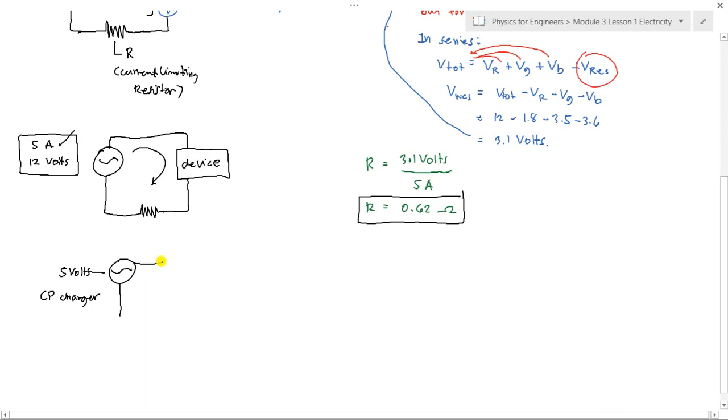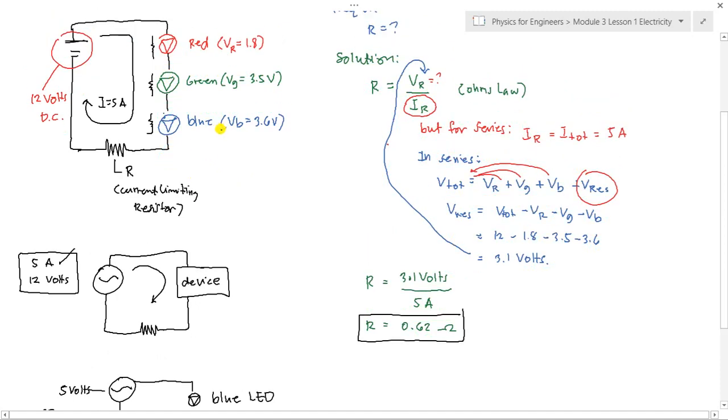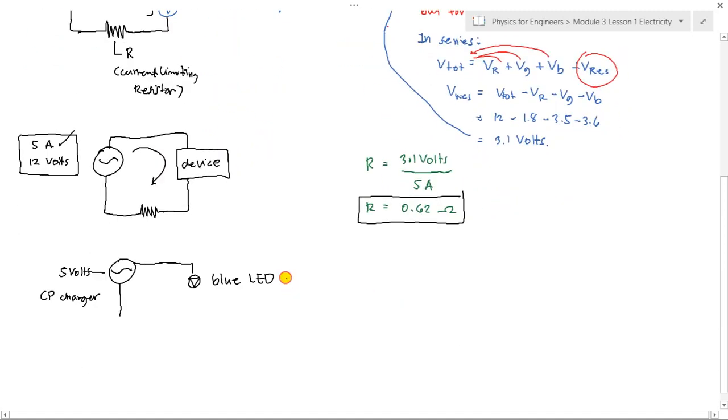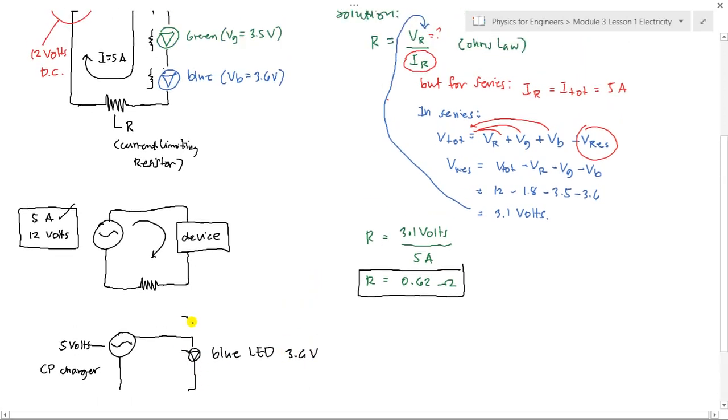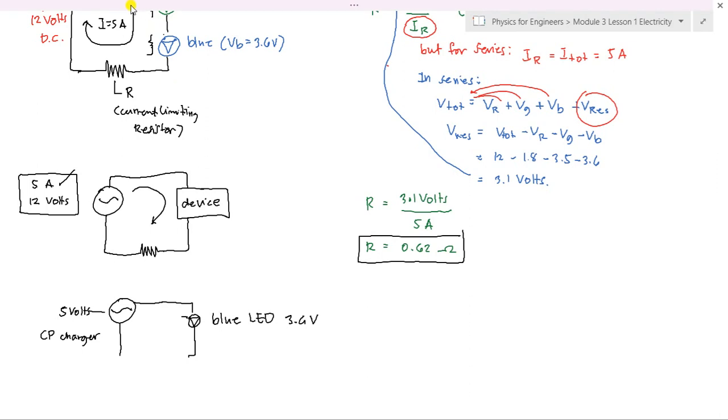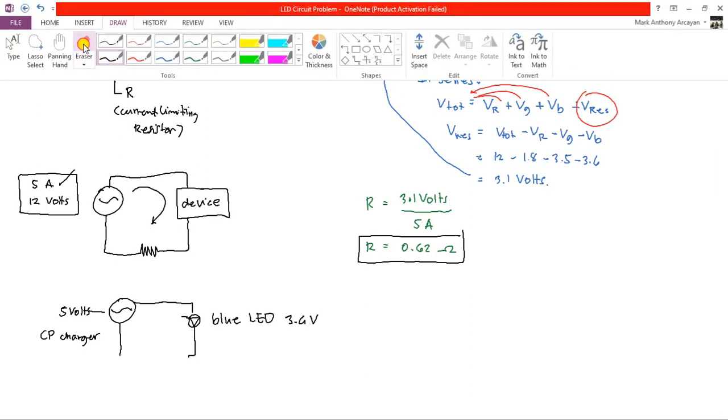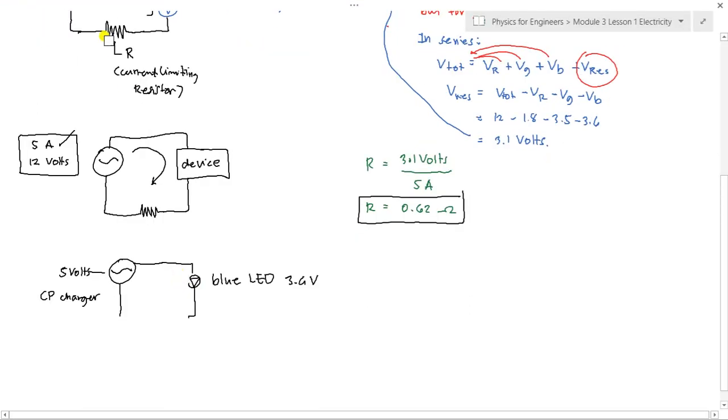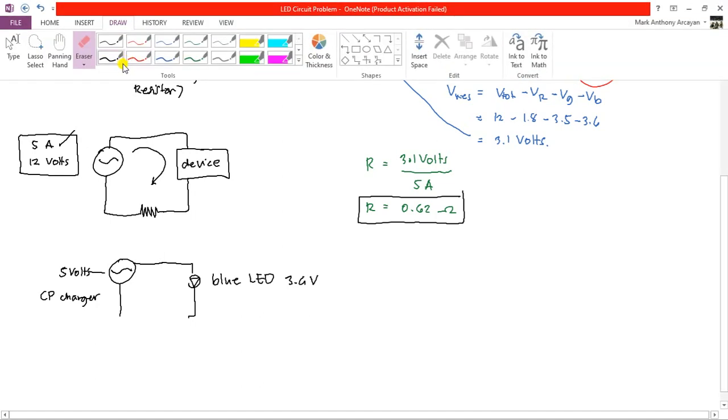So if naa kay ana nga source, then gusto nimo pasigaon, let's say this is a blue LED. Ang forward voltage niini 3.6 volts. Kung butangan dayon og 5 volts nga walay resistor, masunog ang LED.